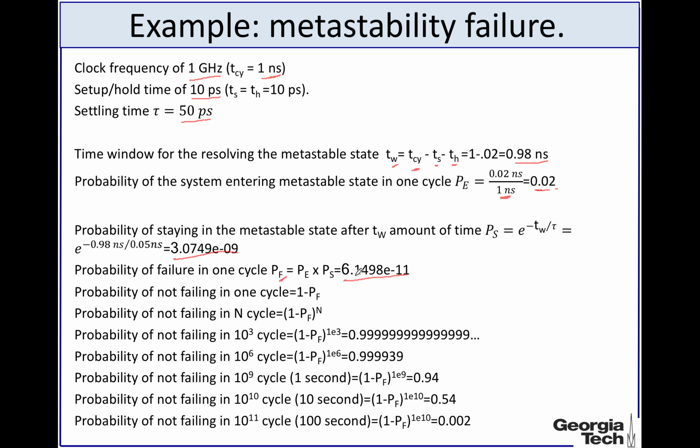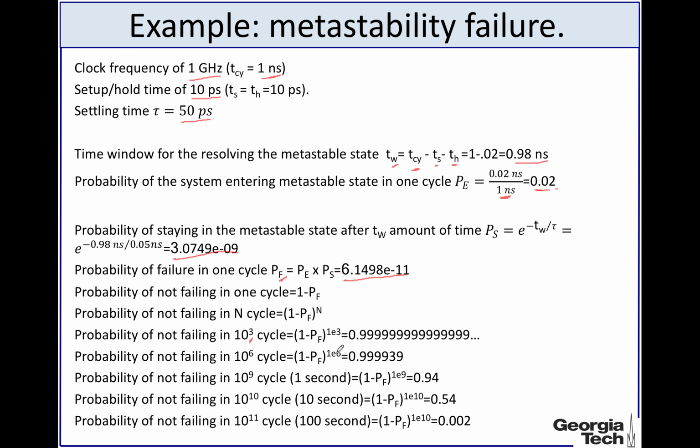Then the probability of not failing in n cycles is (1 minus PF) to the power n. Now if we take this number and calculate it for different cycles, these are the numbers we will get. For 10 to the power 3 cycles, the probability of not failing is very close to 1.